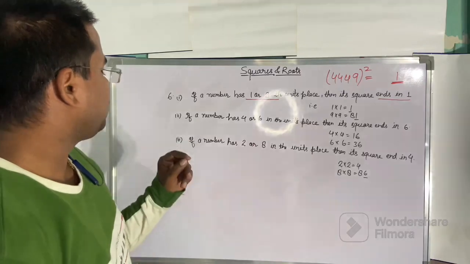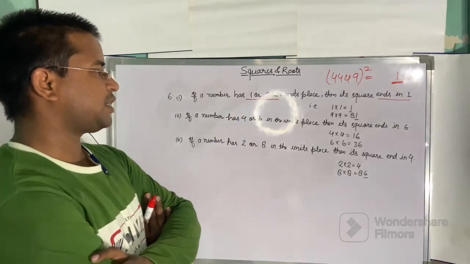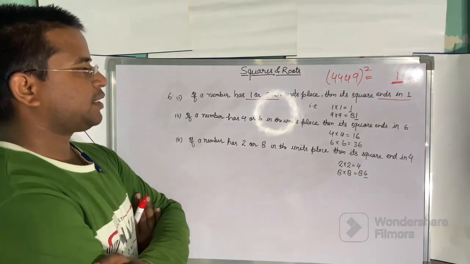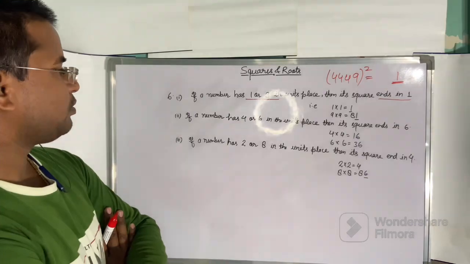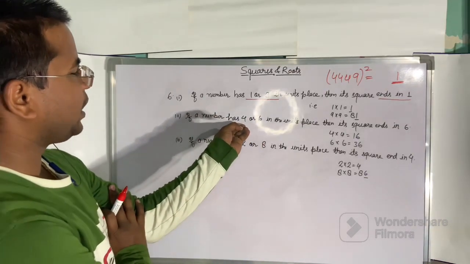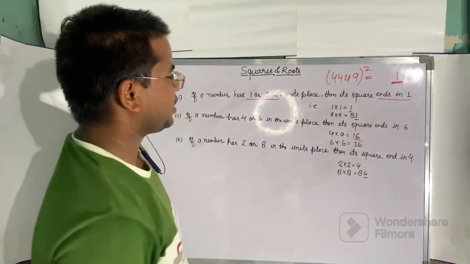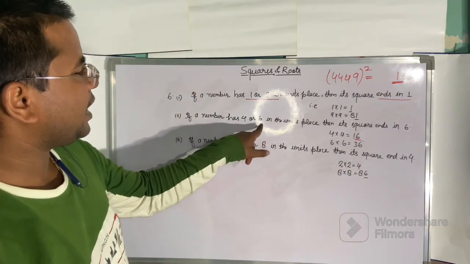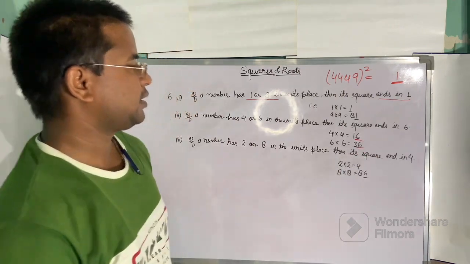So next rule: if a number has 4 or 6 in its unit place, then its square ends in 6. Why? Because when we multiply 4 two times, we get the unit digit 6, and if we multiply 6 by 6, its unit digit is 6.